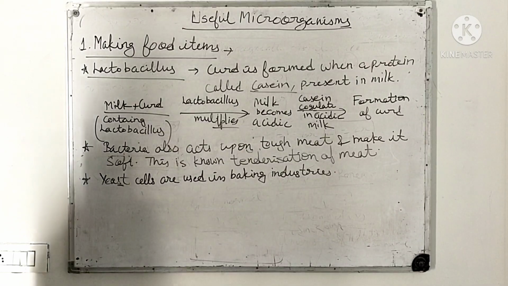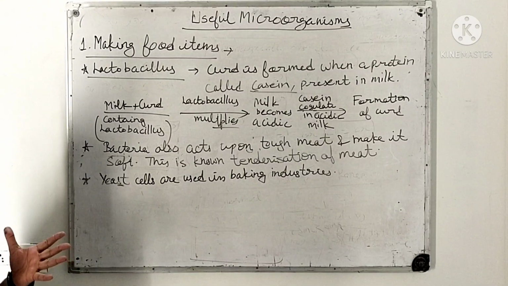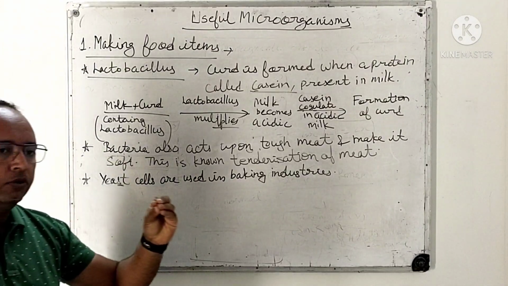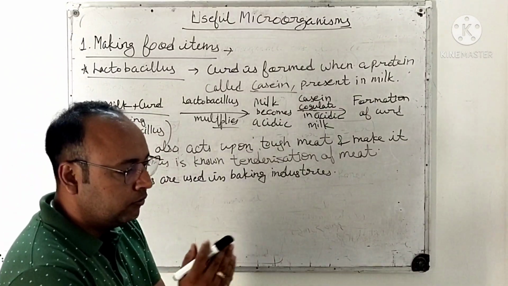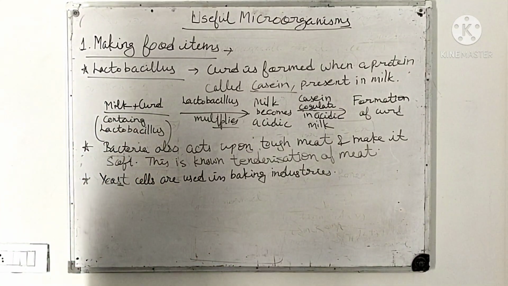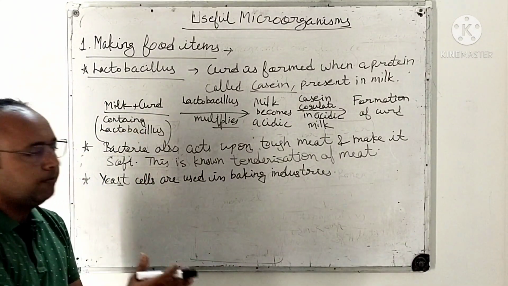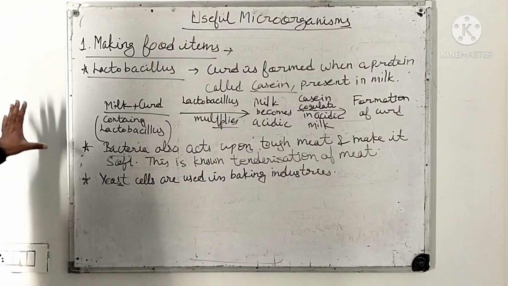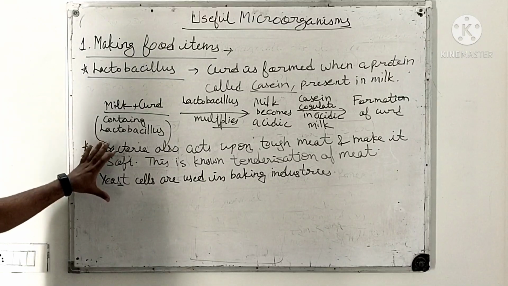First of all, for baking bread, yeast along with a little sugar is mixed with the flour to make dough. Then the dough is kept in a warm place. What will happen? The yeast uses the sugar present in the dough as food.